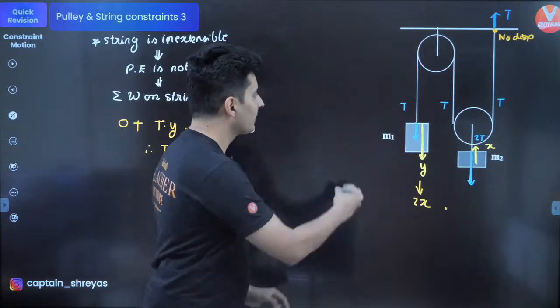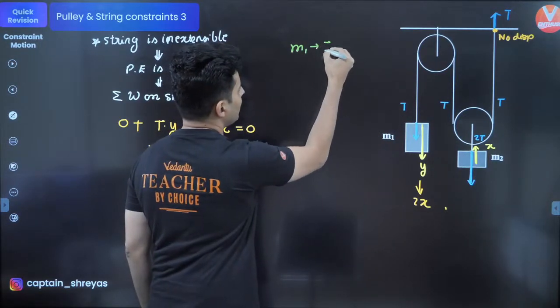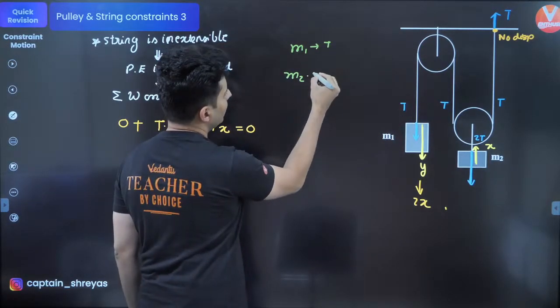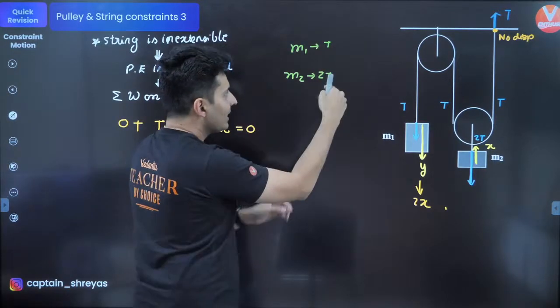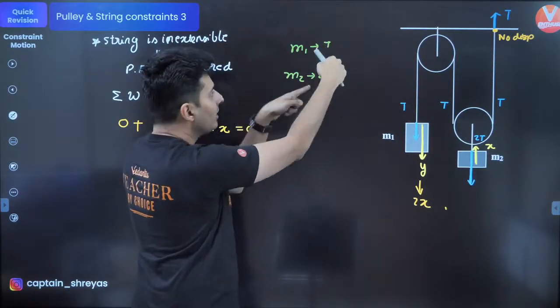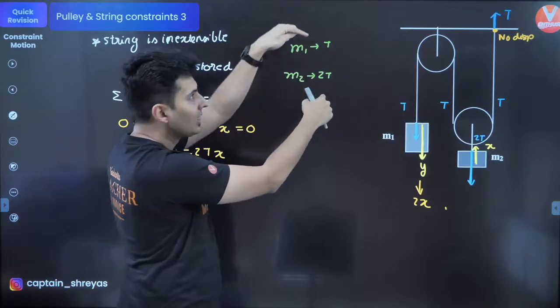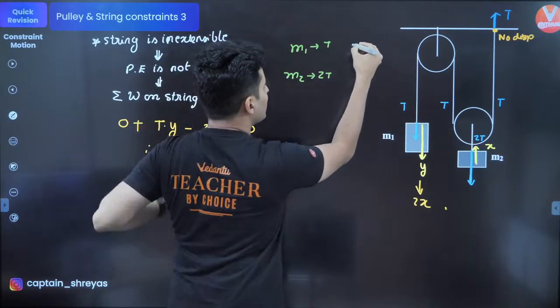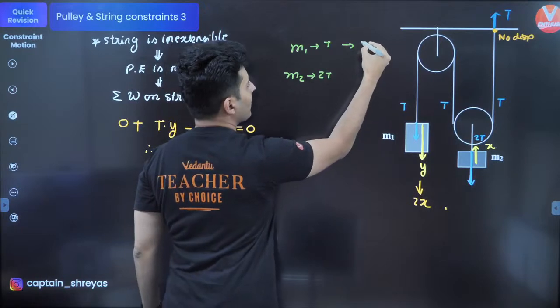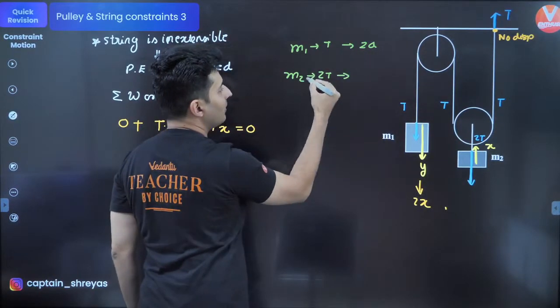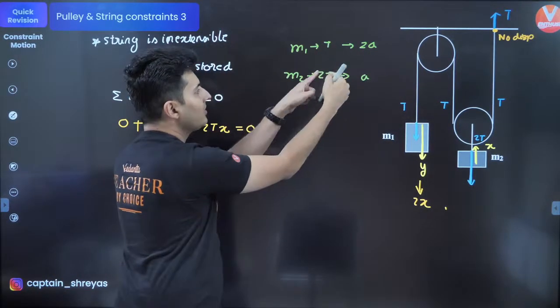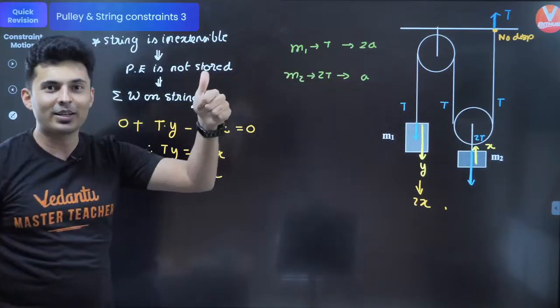All you need to do is, if on M1 the tension is T, and on M2 the tension is 2T, then exactly invert the coefficients of tension. This is T, this is 2T. So acceleration of M1 will be 2a and acceleration of M2 will be a. If this is 1:2, this will be 2:1. Inverse ratio.